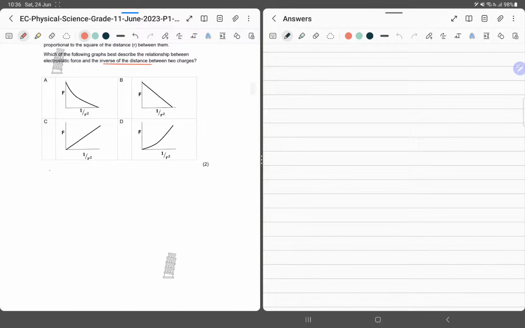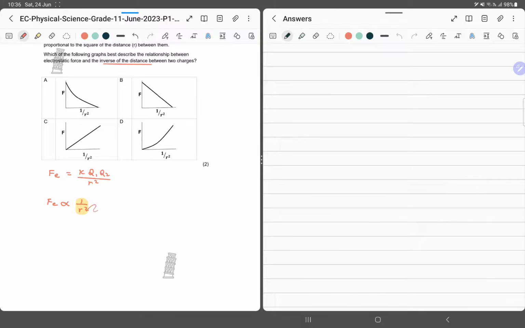Obviously, we know this is coming from Coulomb's law, that the electrostatic force is equal to the constant k times Q1 times Q2 over r squared. From this, we know that Fe is directly proportional to the inverse of the square of the distance between them, because we are looking at this as a whole now. That's why we call it the inverse. So if this increases, the force increases.